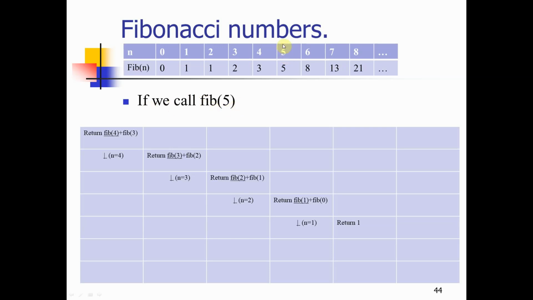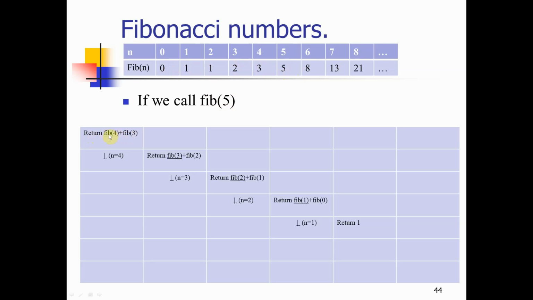Ideally you know that Fibonacci of 5 is going to give you the value of 5, because it's the previous values that generate the current value. So when we call Fibonacci of 5, because it's not the base case scenario, you will hit the general case. So you will call the sum of Fibonacci 4 plus Fibonacci of 3.